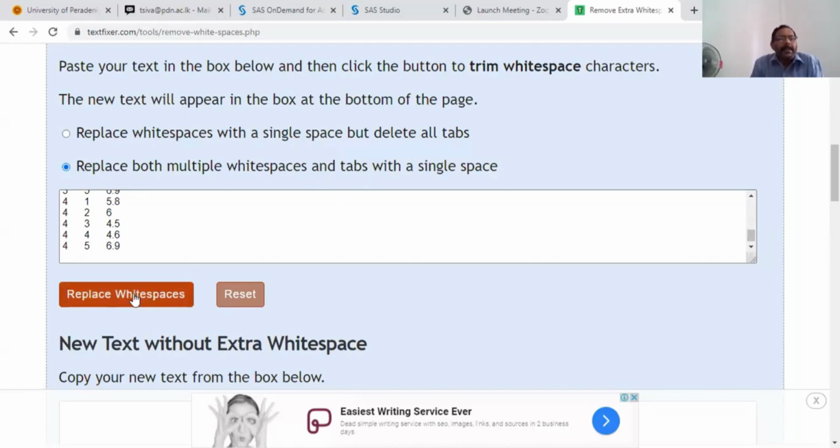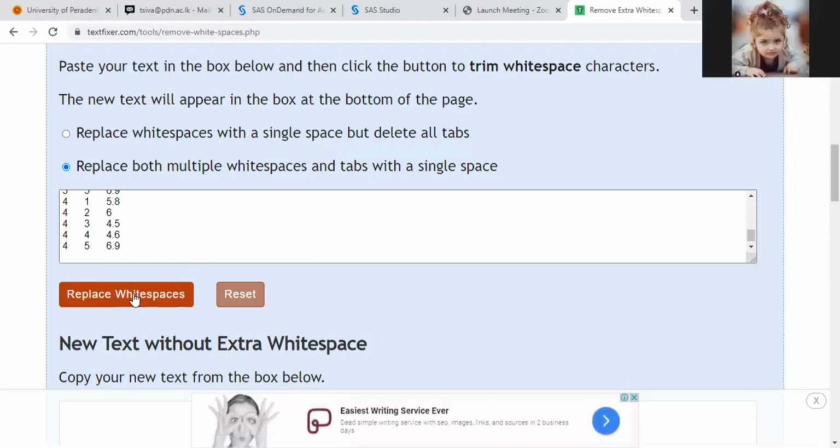Then there's an icon to be pressed called replace white spaces. Remove or replace white spaces.